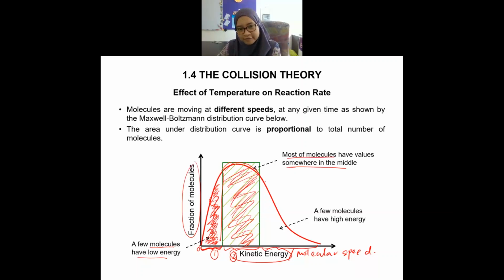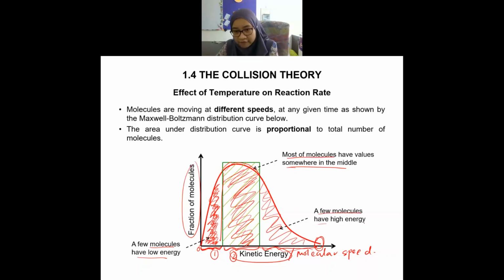Then we also have region number 3. This is the kinetic energy toward the high side, and this one until the end is among the highest kinetic energy. Here will be the highest, but this one is among the highest. But here there are not many molecules.